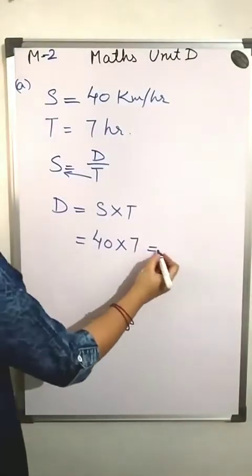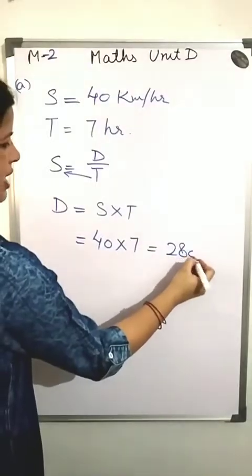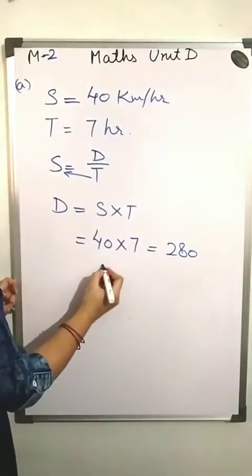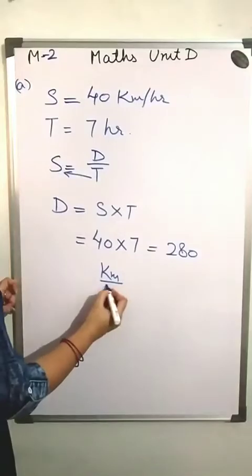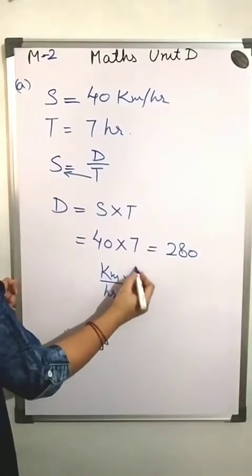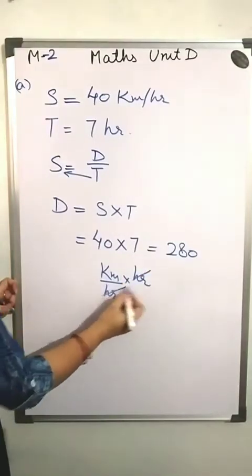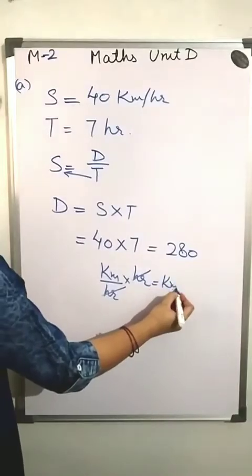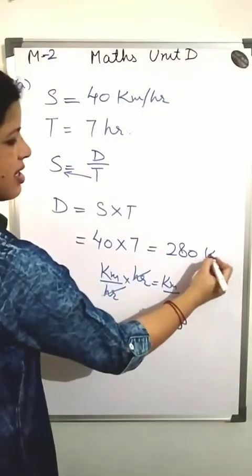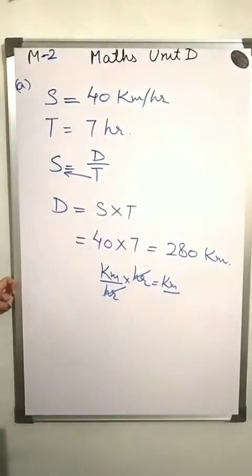So multiply them. 280. The unit is kilometer per hour and the unit of time is hour. If we cut them, what is left? Kilometer, and the unit of distance is kilometer. So in this way you can find the units also.